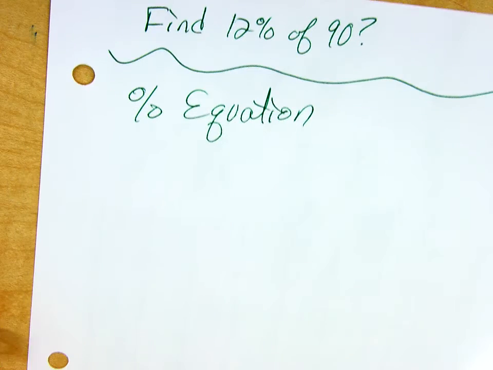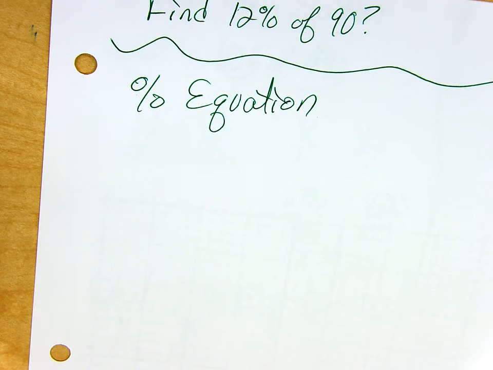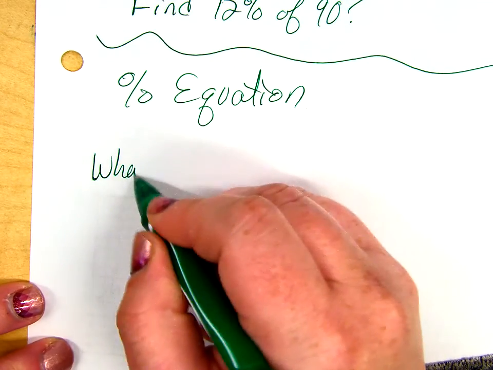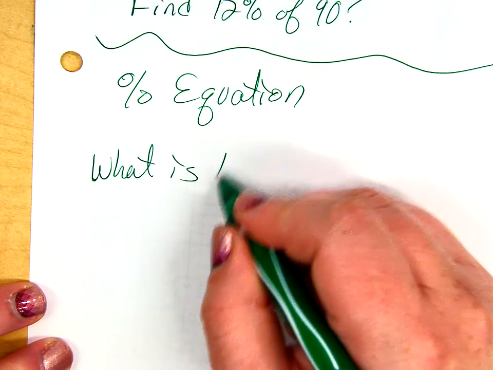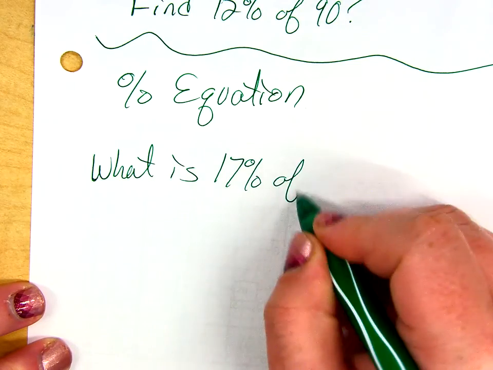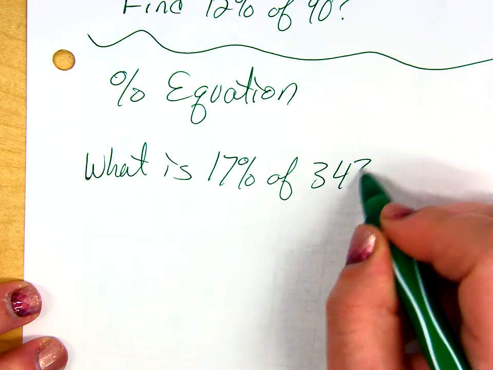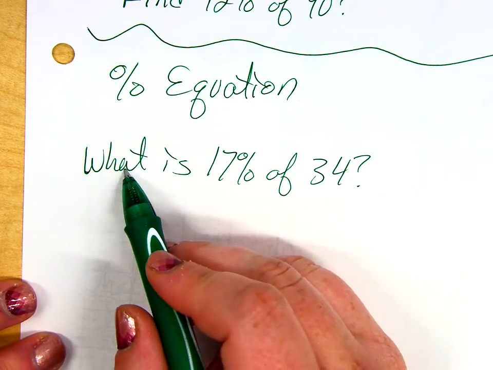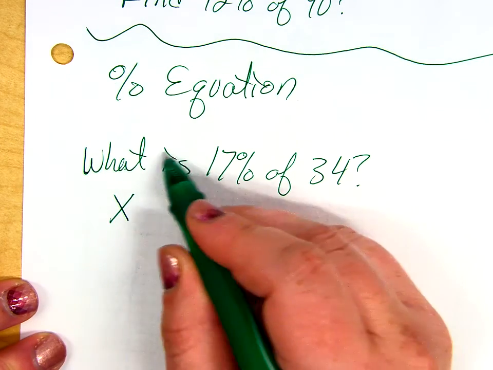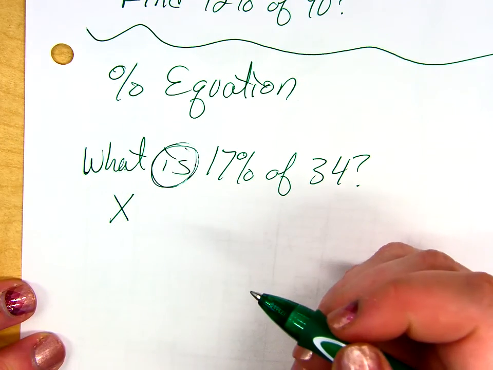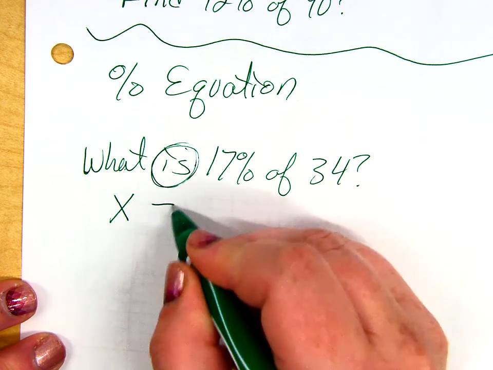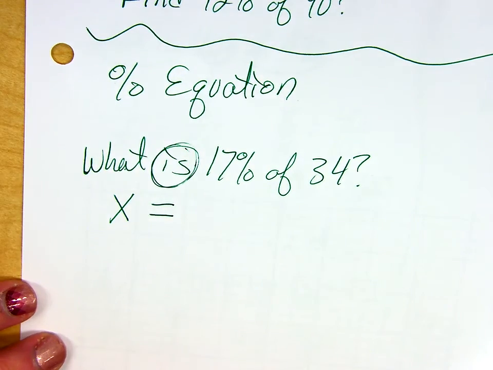You're literally just going to go through and turn the words into a math equation. So for example, let's say we wanted to do what is 17% of 34. Okay, so just like always, what is a variable? So I call that x. What's is really mean in math? As a math equals, yes, is just turns into an equal sign.